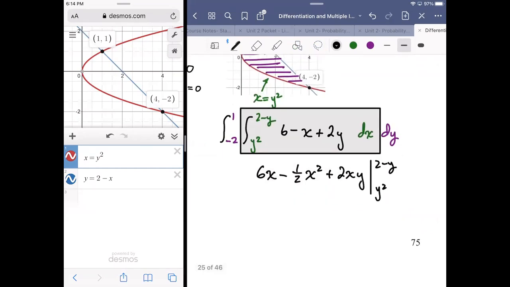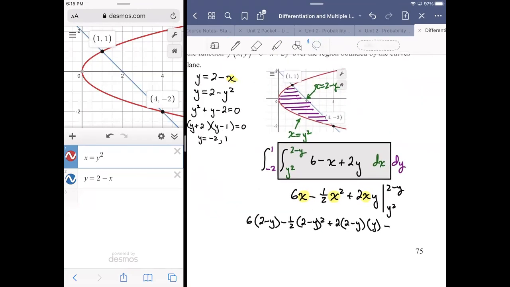We gotta do some substitution. Every instance in which there's an x has to get swapped out. We're talking 6 times 2 minus y, minus 1/2 times 2 minus y squared, plus 2 times 2 minus y times y, minus all that stuff again, just swapped out for a y squared.